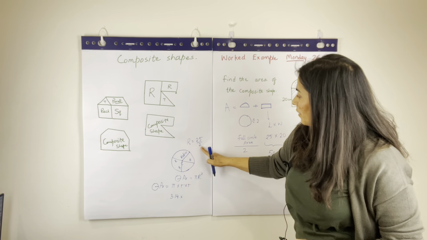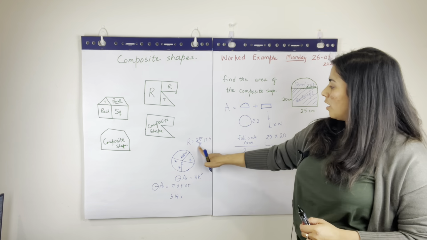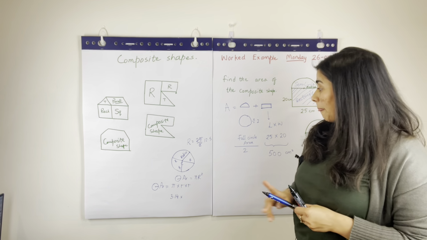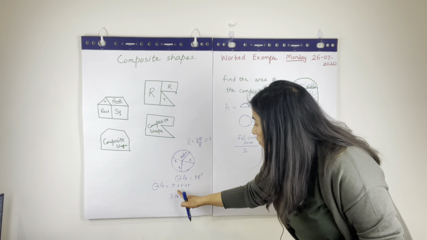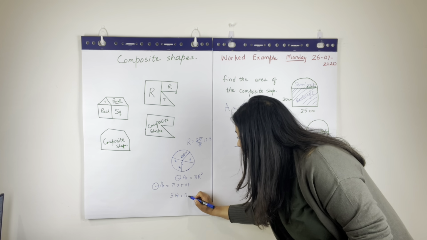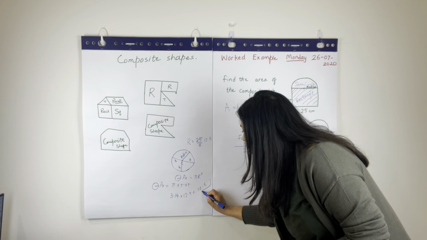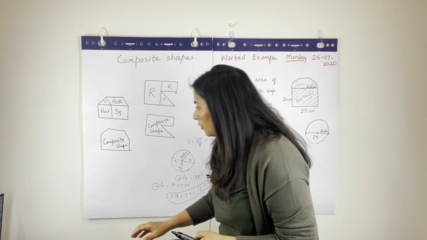So I'm going to half 25 over here, which is going to give me 12.5. Half of 25. So that's the radius, just substitute it over here. So pi is 3.14, radius is 12.5. Again, radius is 12.5. We are going to multiply all these using a calculator, and we're going to get an answer.